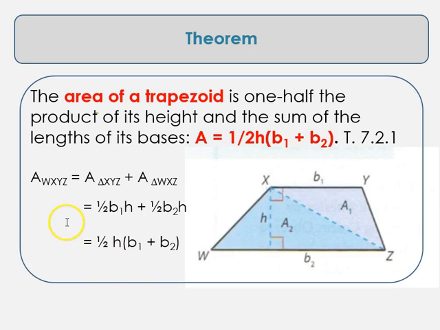So let's derive the formula for this by using the triangles. We start with the area of the whole trapezoid, which is WXYZ. It equals the area of triangle XYZ and the area of triangle WXZ.